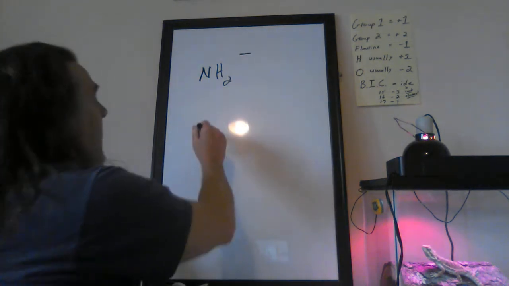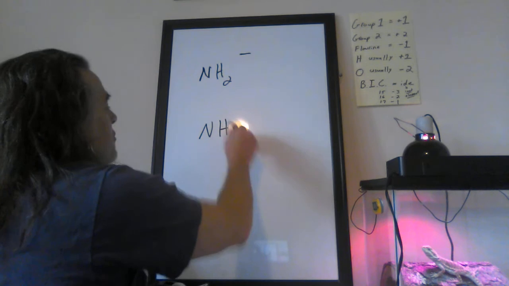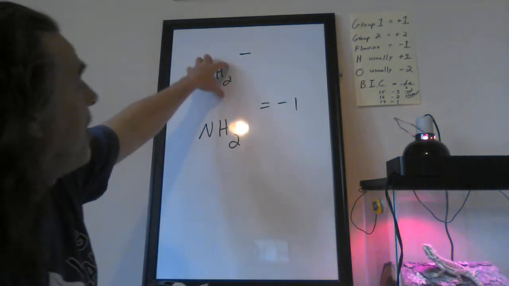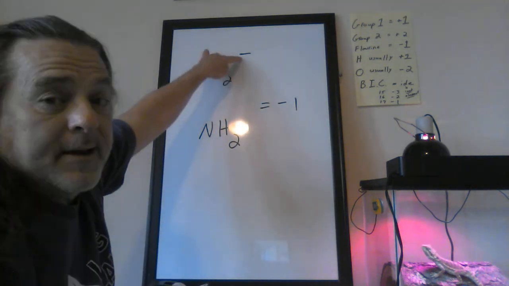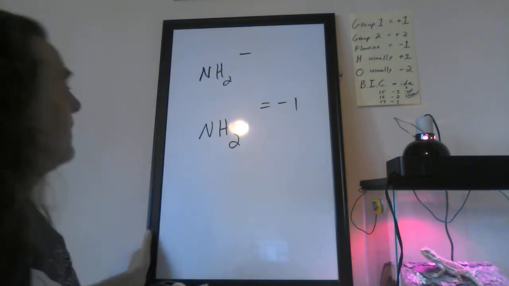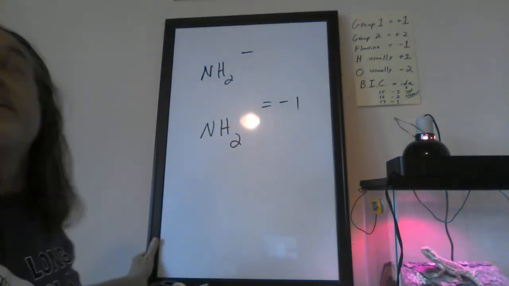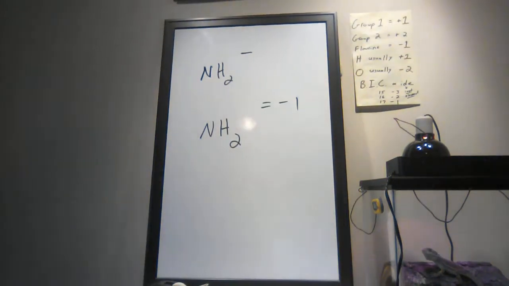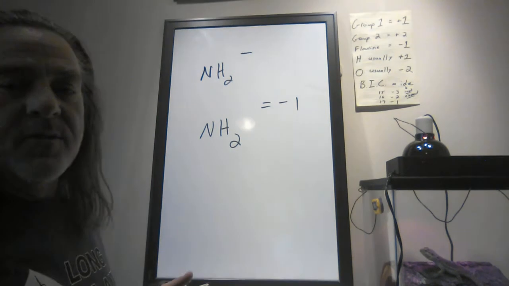So now when we add NH2, it has to equal -1, because this ion itself has to be negative because of its charge. Okay. That ion is a -1.